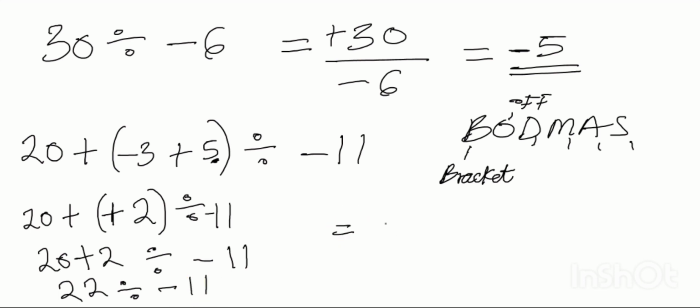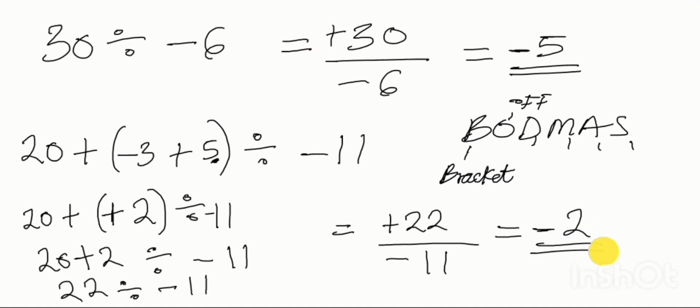That's going to be equal to, positive and negative are not the same, so it's going to eventually give us negative, and 22 divided by 11 is going to give you 2.